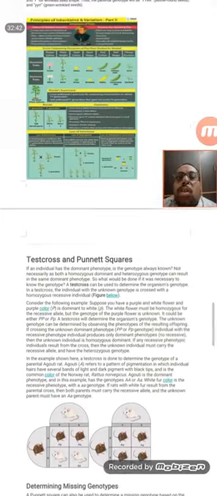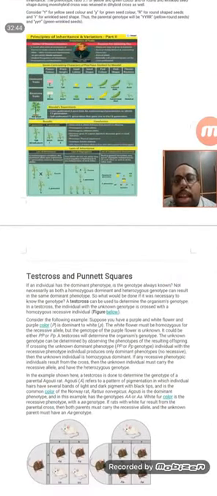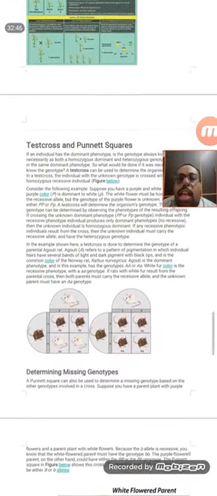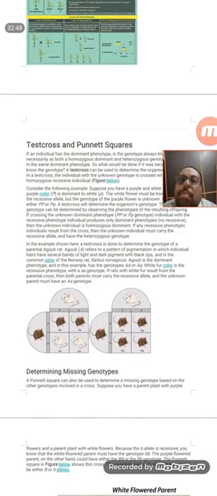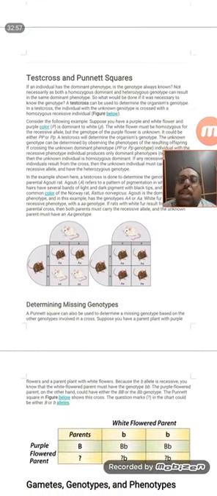And in order to study these Mendelian laws, one scientist known as Punnett developed a technique called the Punnett square. If you see here, in this Punnett square, you can use any character as you wish.